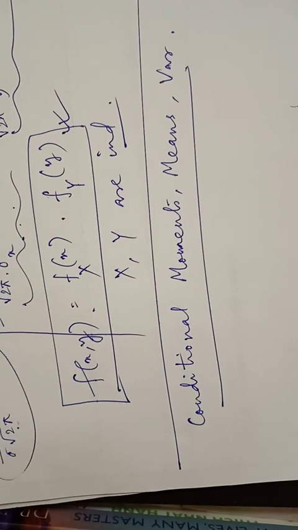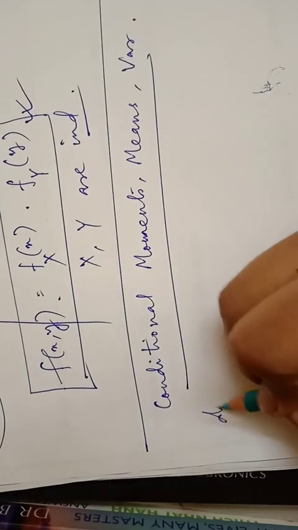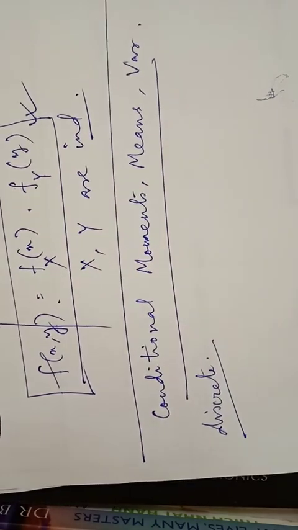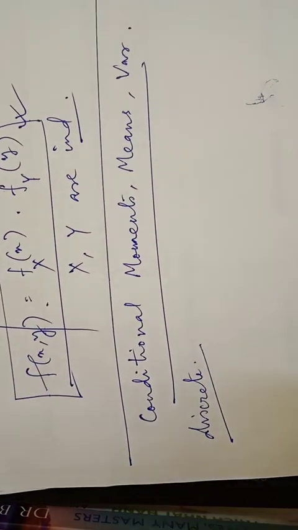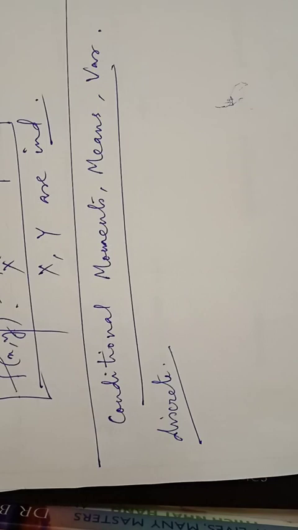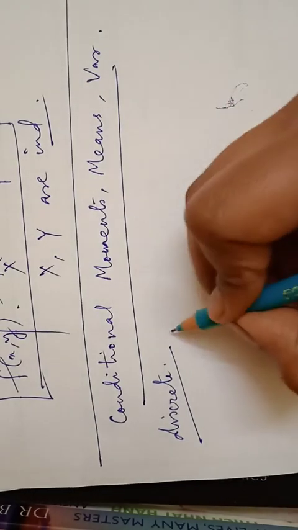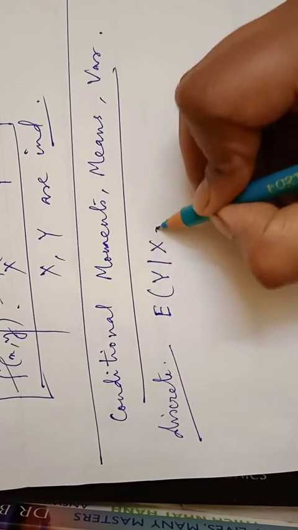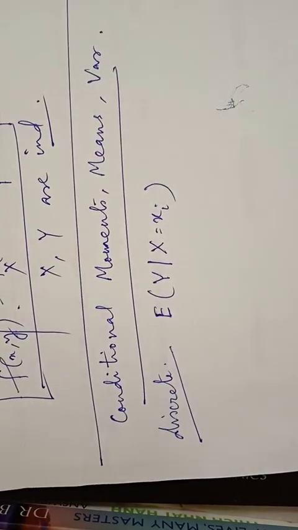So let's take the distribution of x and y is discrete. Conditional means already one thing has happened, we need to find out another thing when the previous thing has already occurred. So suppose we are trying to find the expectation of y when x equals to xi has already happened.